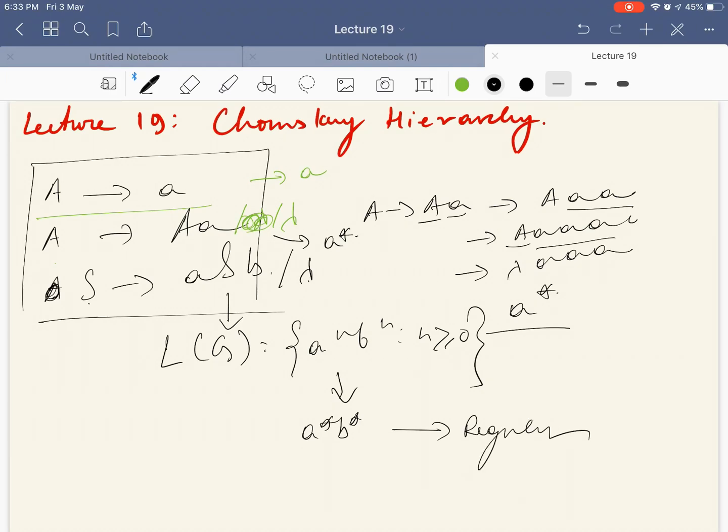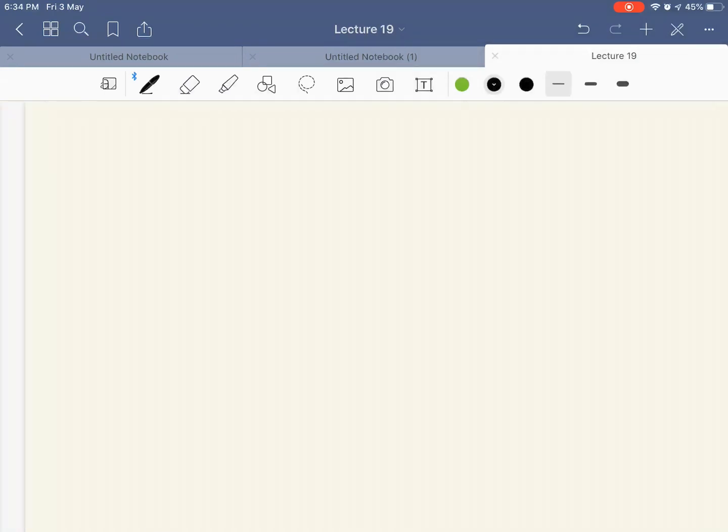In brief, out of these three production rules, the first two are regular as well as context free, but the third one is context free but not regular. So all regular languages are context free also, but all context free languages are not regular.